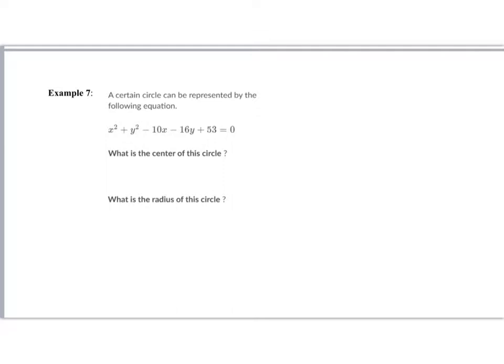Okay, so now we're going to do the exact same thing. Again, we're going to isolate the x's, isolate the y's, and move this over here. So isolating the x's, we would get x squared minus 10x plus, isolating the y's, y squared minus 16y equals -53.